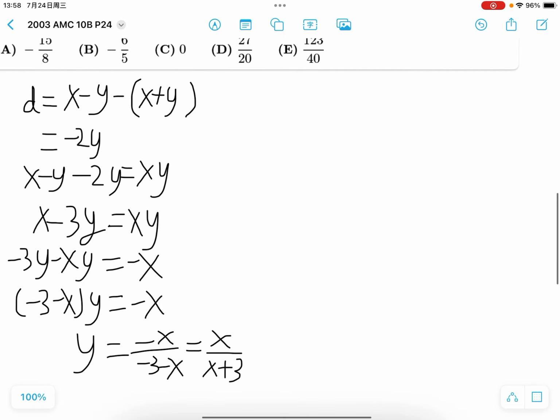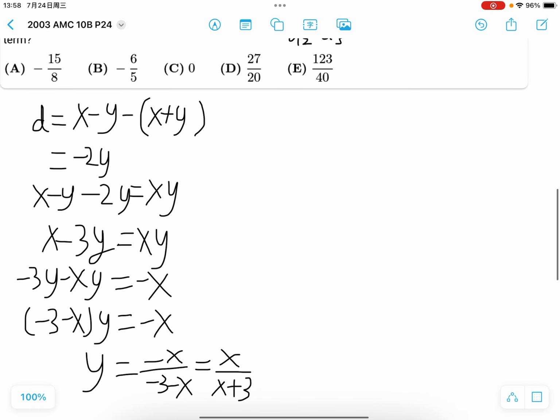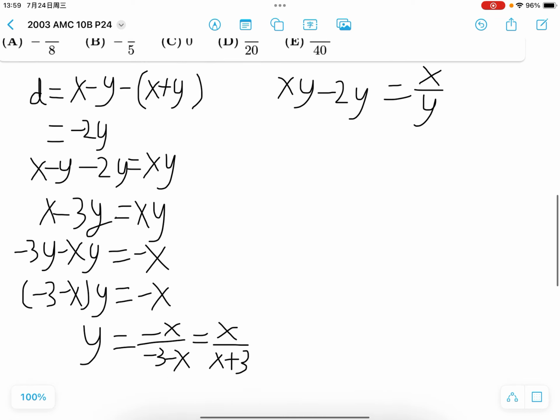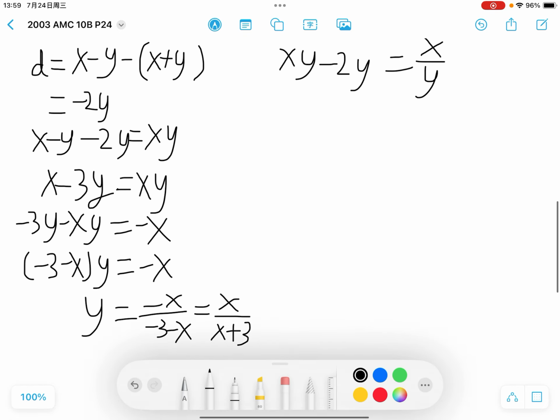So now we should use this equation to perform some other calculations. We still haven't looked at the relationship between these last two terms. So we know that xy minus 2y is x over y, and we already know that y is x over x plus 3.